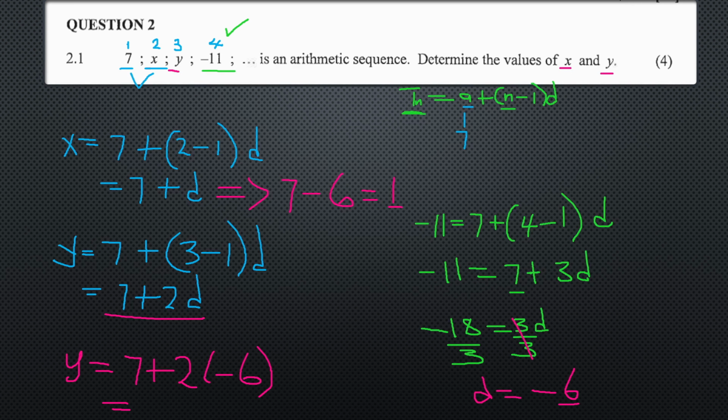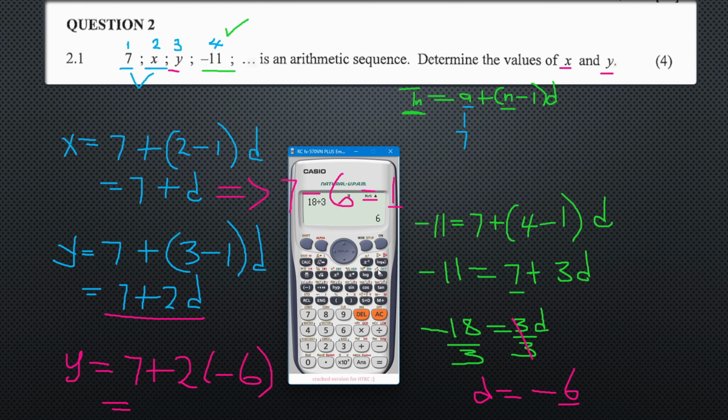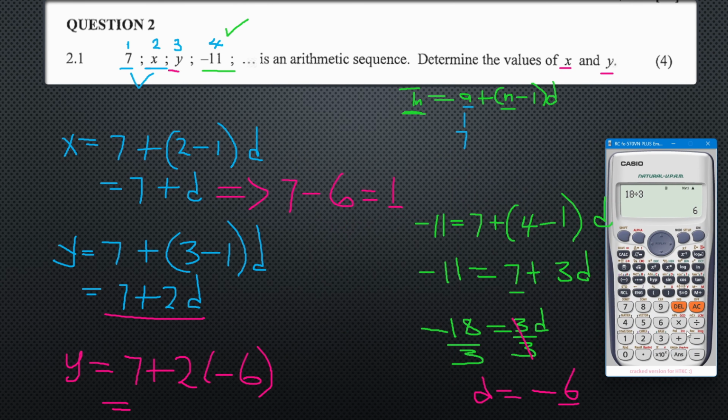With y, we now know that y will be 7 plus, 2 times negative 6 gives you negative 12, so it will give you negative 5. So y is negative 5, and this means that you are done with the solution.